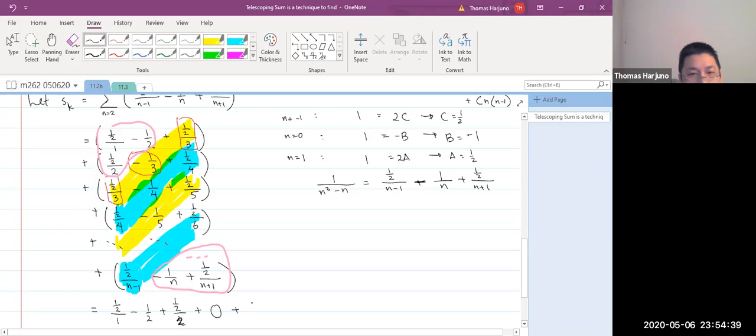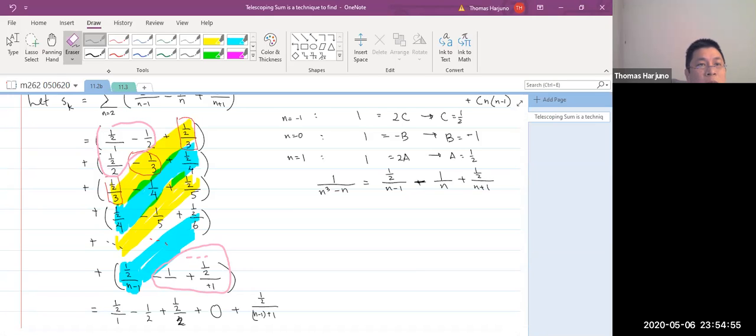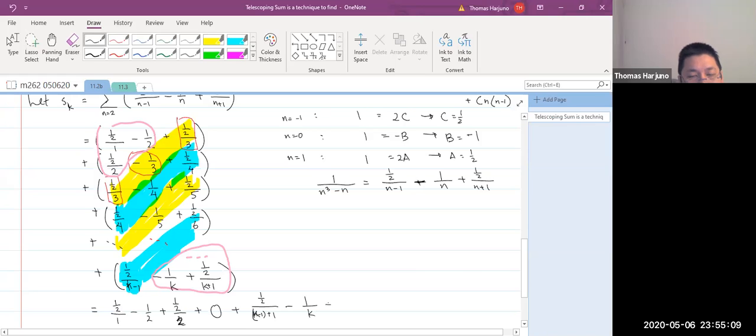That will be 1/2 over n minus 1 plus 1. No, it's not supposed to be n, it's supposed to be k, because I used k up there. So this is k minus 1 over k plus 1/2 over k plus 1.